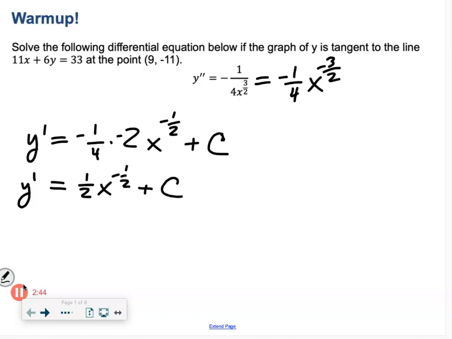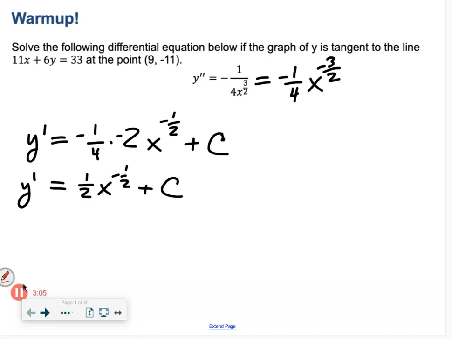If you have information about the first derivative, plug it in now. Don't try to plug it in with y. Plug it in when you've got your y prime. So do we have information about the first derivative? Yes, we do. We have this beautiful tangent line.